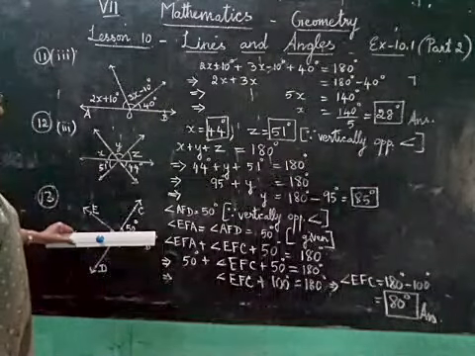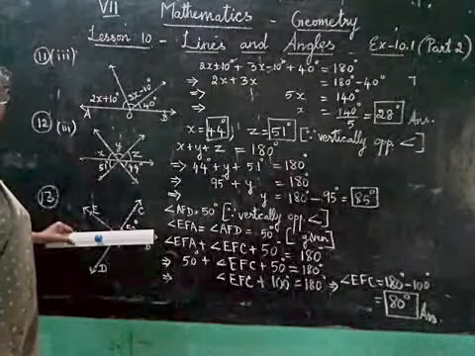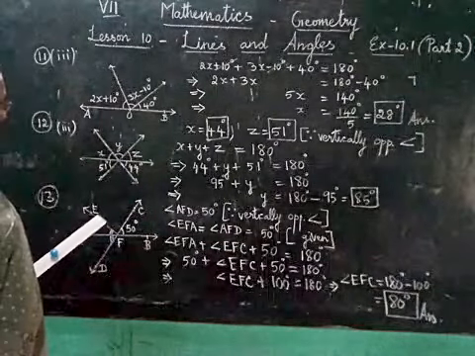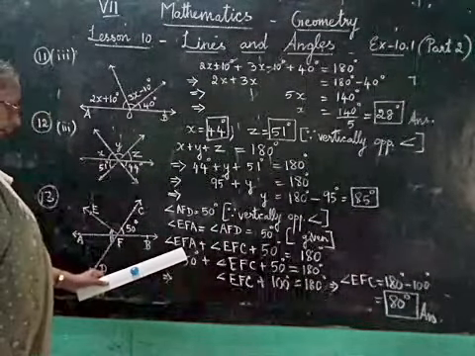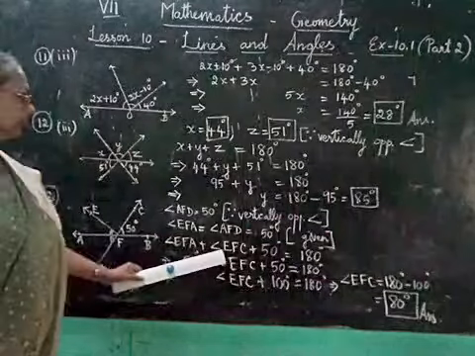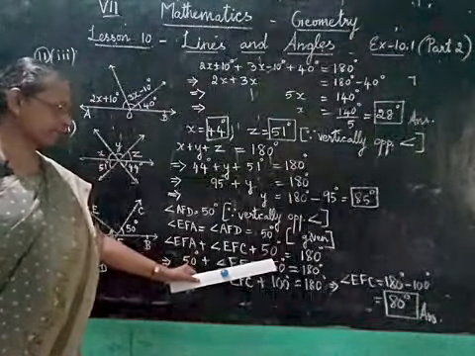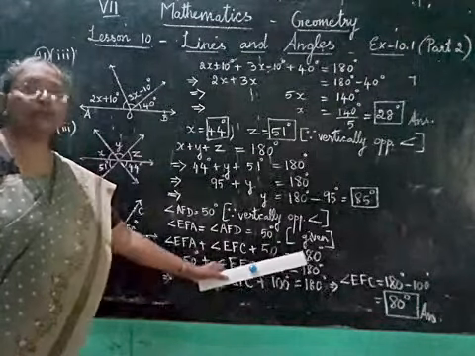Therefore, if we add, the sum will be 180 degrees. So, I am putting these three angles together. Angle EFA plus angle EFC plus angle CFB, which is 50 degrees, will be equal to 180 degrees.